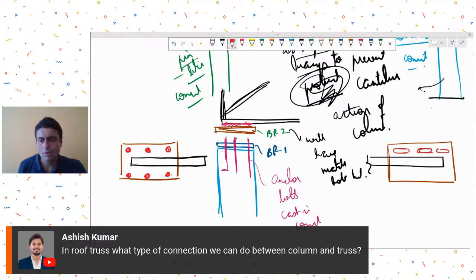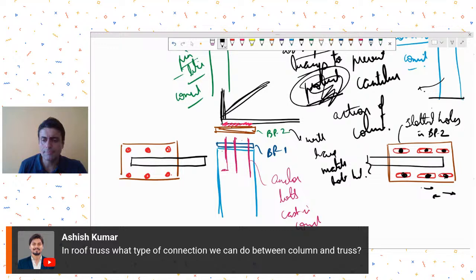These slotted holes will be only in the base plate 2, the top base plate. In the bottom base plate, it will have circular holes and it will be fastened through anchor bolts. So it has slotted holes in the top base plate. Is it clear? This will allow the bolt that is anchored in the concrete, in base plate 1, to allow the translation in this direction.